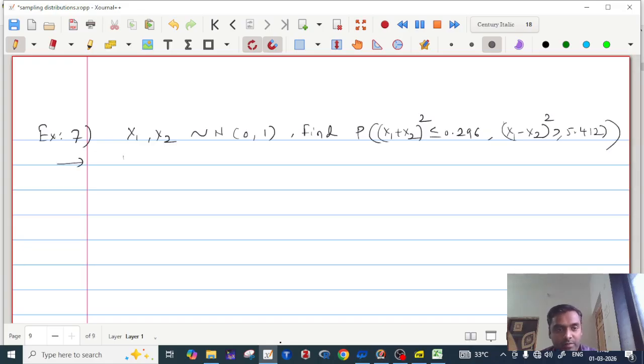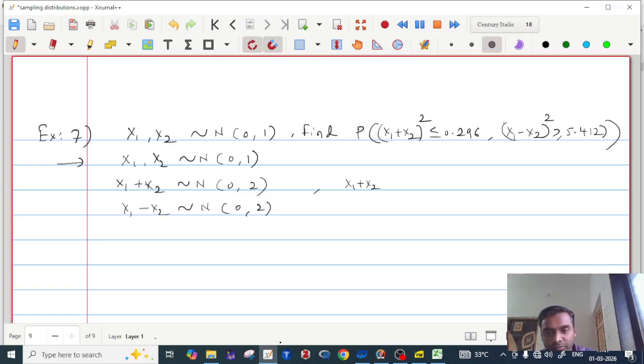Now its solution. Again X1, X2 follow normal 0, 1. X1 plus X2 follows normal 0 comma 2. X1 minus X2 follows normal 0 comma 2. By standardizing, (X1 plus X2 minus 0) upon root 2 follows normal 0, 1.